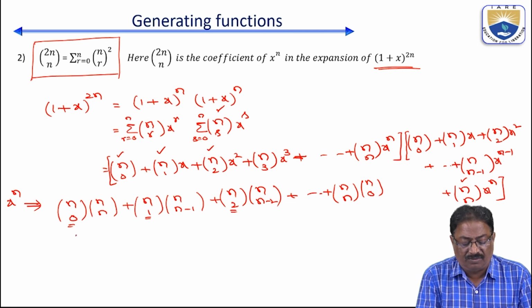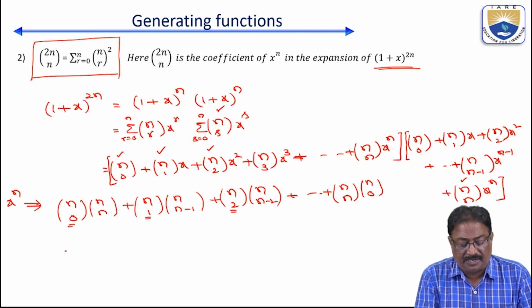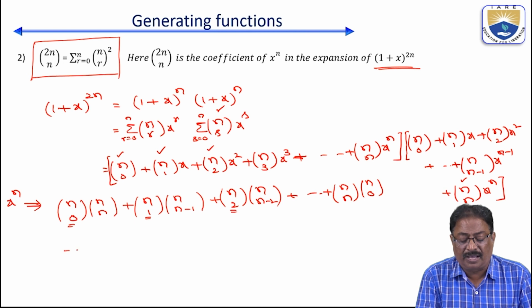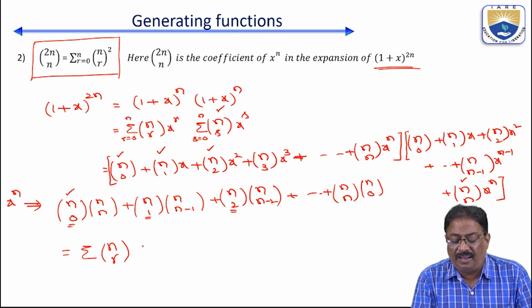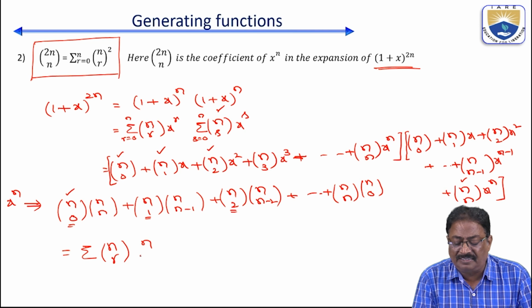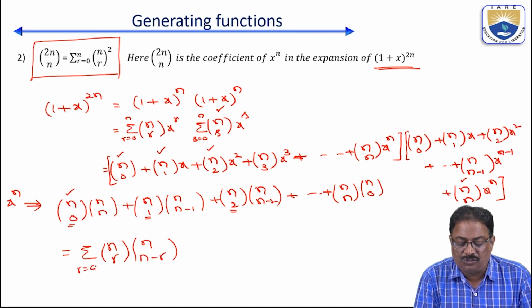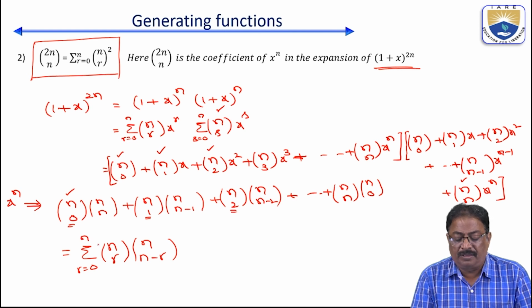So now this is equivalent to, I am going to take this as the first one. I am going to write this as summation of nCr for this. Then this I am going to write nCn minus r, r equals 0 to n.